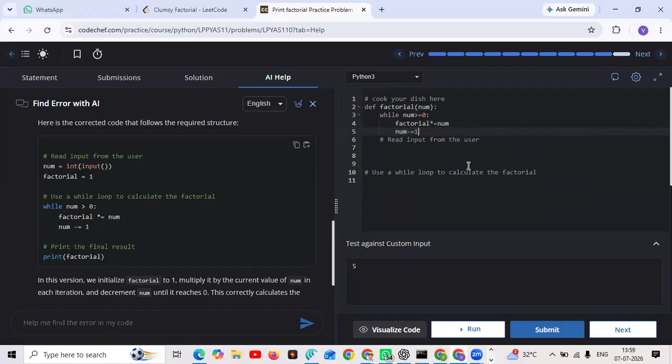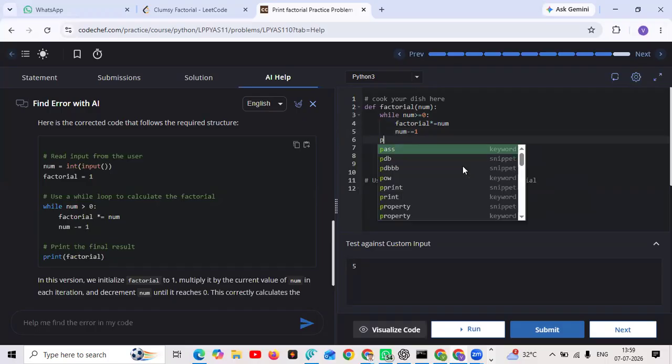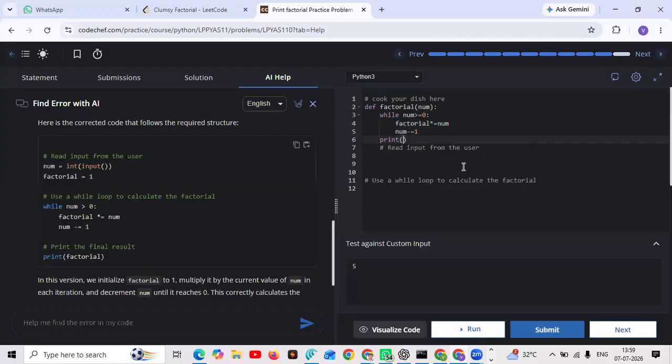Okay, and we can move the value inside the print factorial.